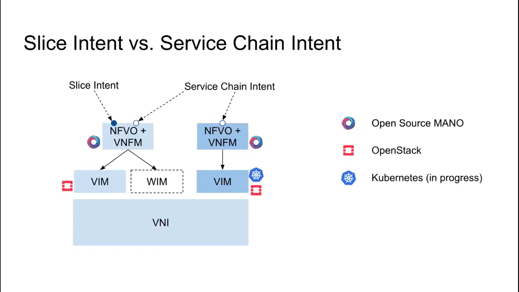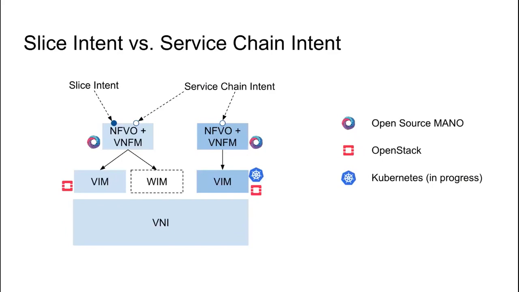And then, of course, there is this intent layer that is going to process this request and fulfill the intent by mapping the request into the proper network service descriptors in the NFV orchestrator, and then apply those descriptors on the infrastructure.